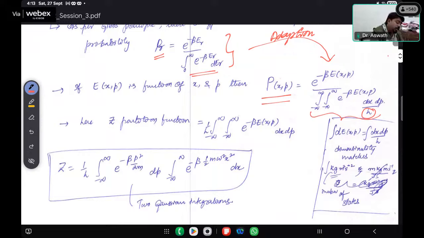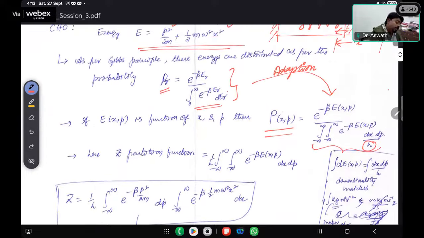What is the dimensionality? In the actual expression, I have a derivative with respect to energy. When I convert to position and momentum, the dimension of dx and dp is angular momentum. But what is the energy? Energy is angular momentum times some value.